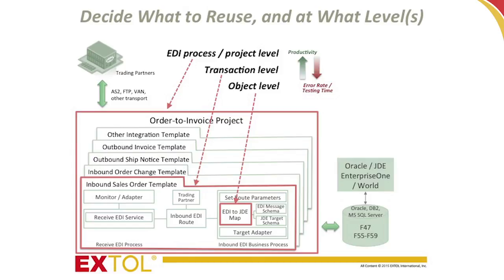The main point of this is to understand that the higher the level of reuse, in other words, object level being the lowest level, EDI process or project level being the highest, productivity goes up as reuse level goes up, and error rates go down as reuse level goes up. So the trade-off you have here is that if you reuse at a low level, you sort of lose a little bit of productivity because some of the built-in structure and best practices of that high level are sacrificed.